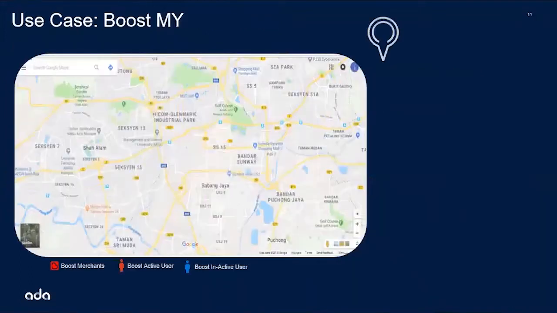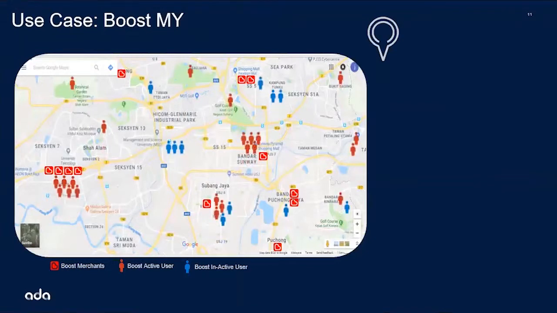Then next, we can also see the Boost use case for Boost Malaysia, where we can see the Boost merchants based on the points of interest that we get. And then we can also see the Boost active and inactive users.